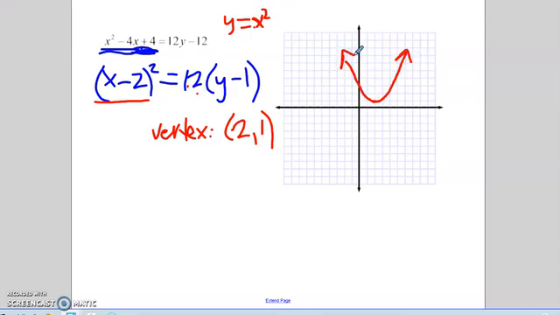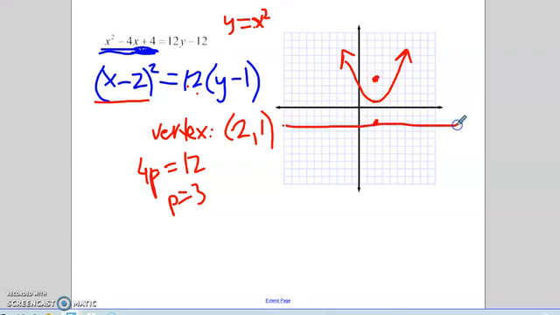Okay, so I still need a couple of things. I need my p value, so 4p is equal to 12, and p is equal to 3. So I'm 3 above to get my focus, and then I'm 3 below the vertex to get my directrix.